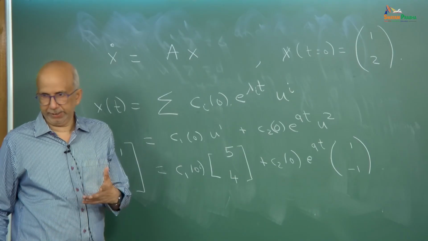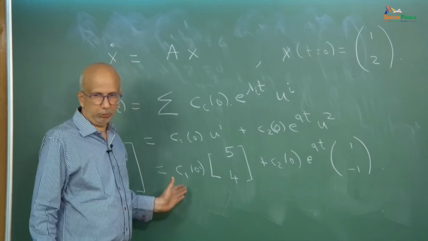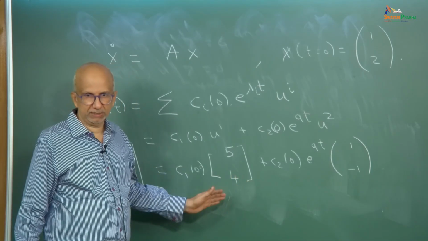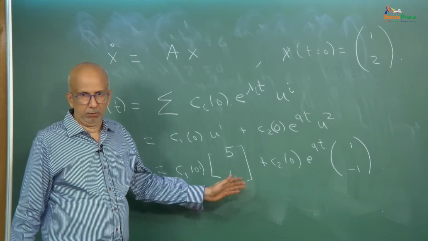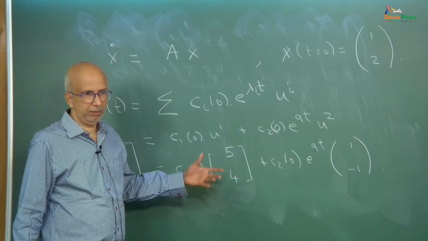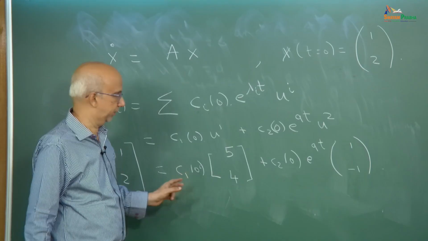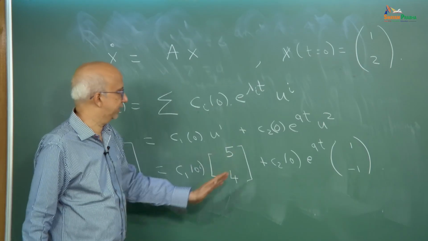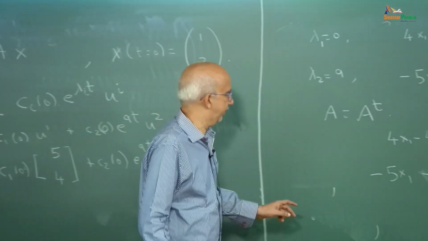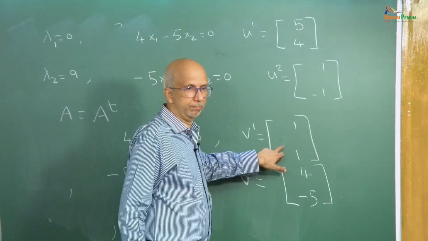Again, these are basically two equations and two unknowns, C1 and C2. You can solve it, but what we are going to do is take the inner product of both sides with the eigenvector V1.